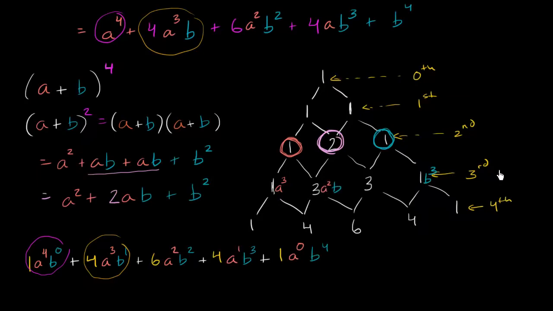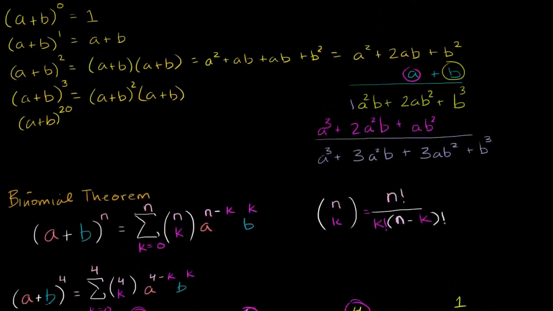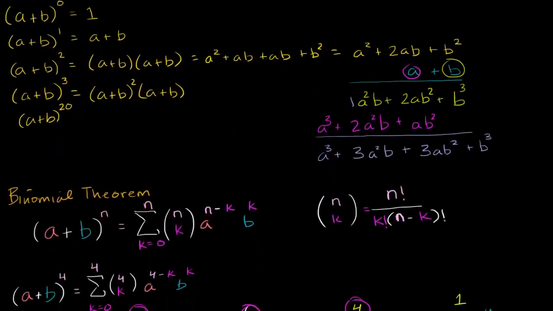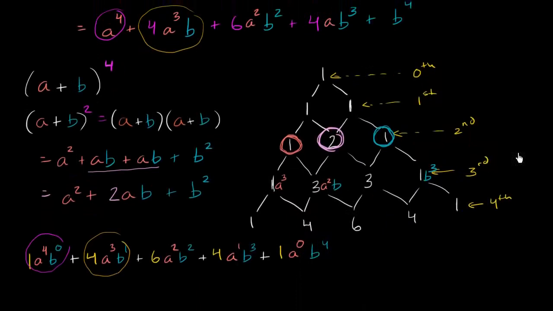And you could multiply it out, and we did it all the way back over here. There's three ways to get a squared b, and there are three ways to get ab squared. And if you sum this up, you have the expansion of a plus b to the third power. So hopefully you found that interesting.